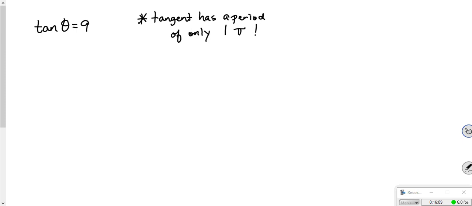So if you kind of remember the graph of tangent, I'll quickly put it up here. It goes from negative pi over 2 to pi over 2, and there are actually asymptotes at those, you remember? So the graph of the tangent function looks like this.